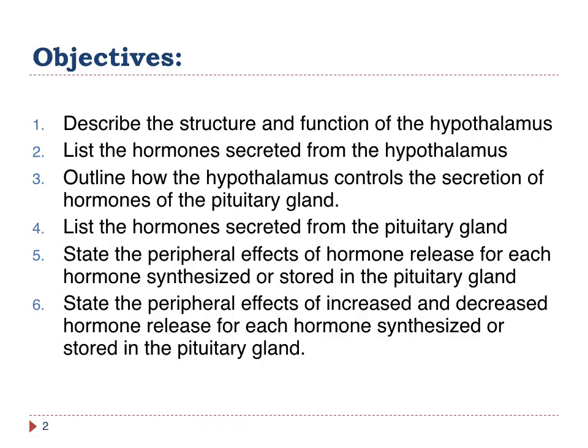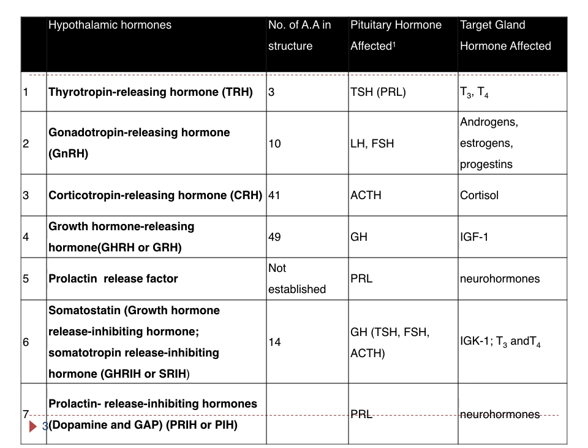At the end of this lecture, we will be able to describe the structure and function of the hypothalamus, list the hormones secreted from the hypothalamus, outline how the hypothalamus controls the secretion of hormones of the pituitary glands, list the hormones secreted from the pituitary gland, state the peripheral effects of hormone release for each hormone synthesized or stored in the pituitary gland, state the peripheral effects of increased and decreased hormone release for each hormone synthesized or stored in the pituitary gland.